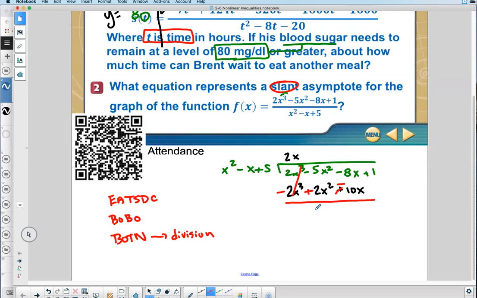So this combines here. I get negative 3x squared. That becomes a negative 18x. And now the 1 drops, plus 1. And I'm back to the start. I ask myself, what do I need to multiply x squared by to get negative 3x squared?